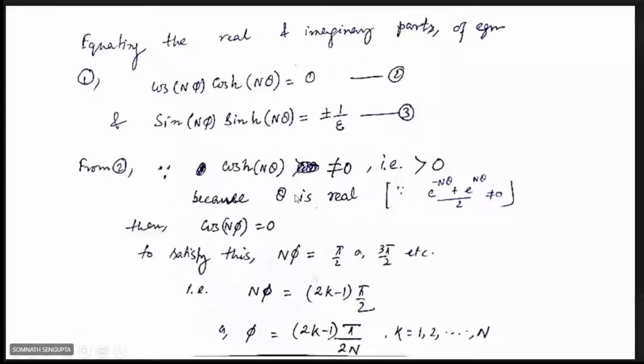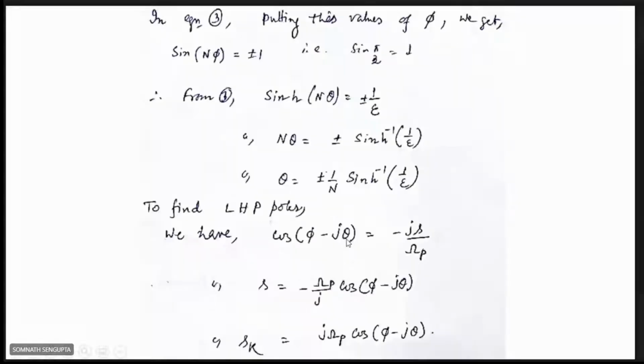So here we have cos of φ minus jθ, where θ and φ we have calculated. It is the poles.